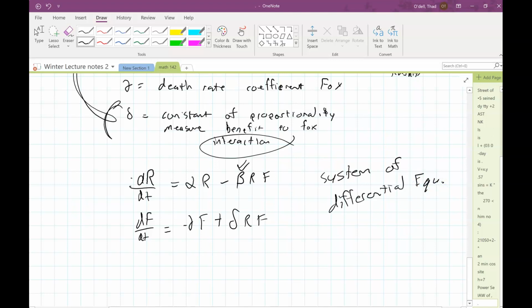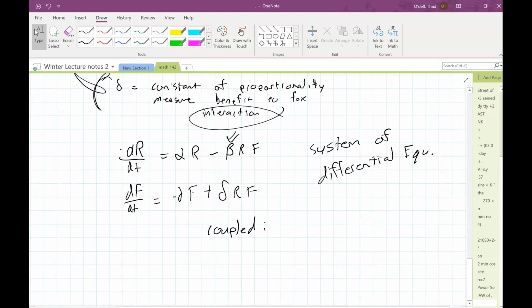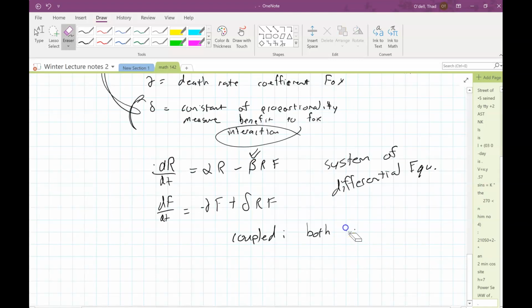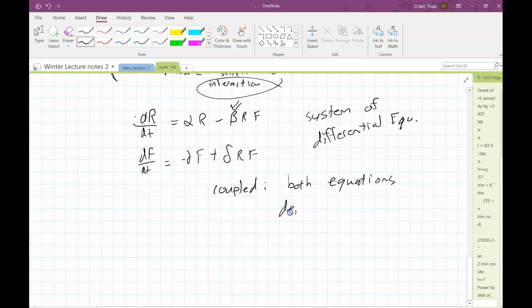It's a first-order differential system because there's no second derivative involved, and we would say that this system of differential equations is coupled, which means kind of like what it sounds, because both equations depend on r and f.